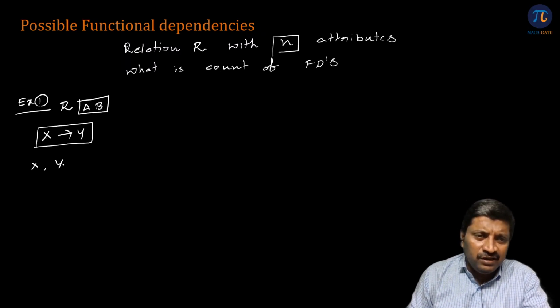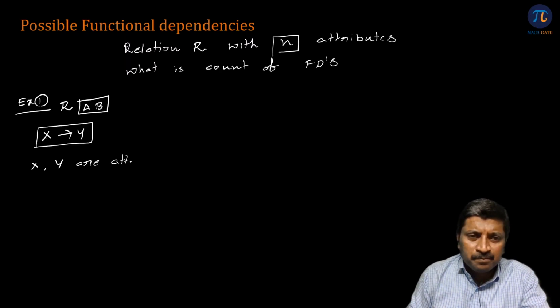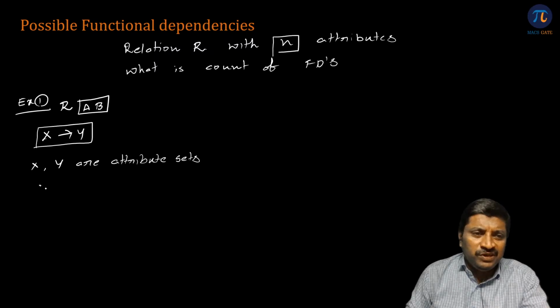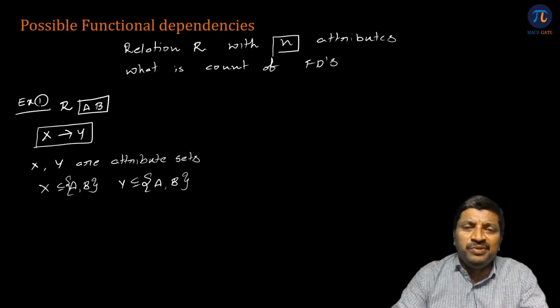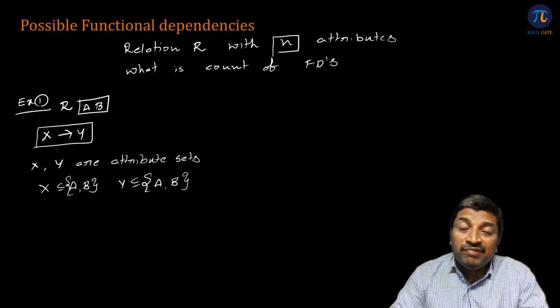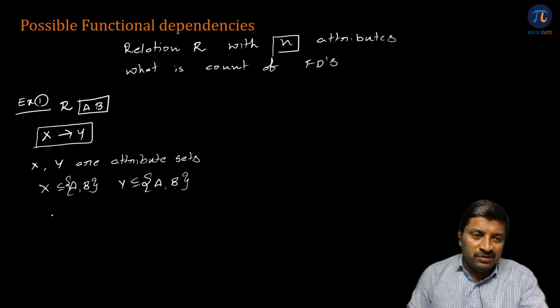X comma Y are attribute sets. That means X is subset of A comma B and Y is subset of A comma B. So X can be any subset of A comma B, Y can be any subset of A comma B. So that means, let me write some of the examples.